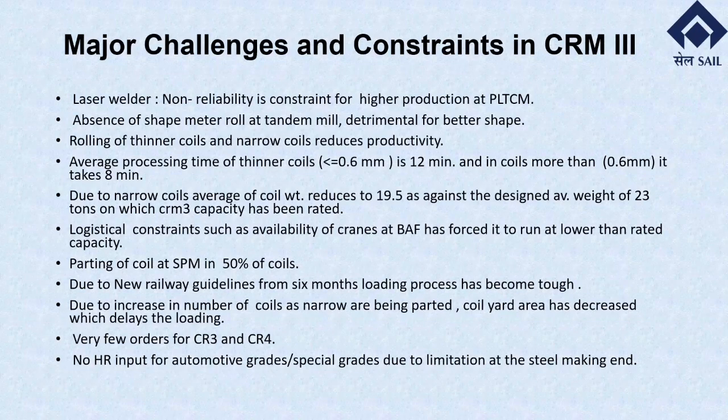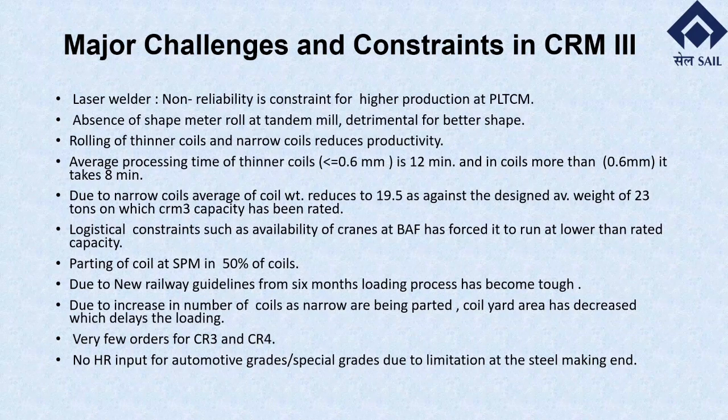Before 2020, our production rate was around 40,000 per month. Now we have gone up to 80,000 per month since last year. On average, it is around 65,000 per month. So the laser welder has improved, but for higher production, it has to be very reliable.